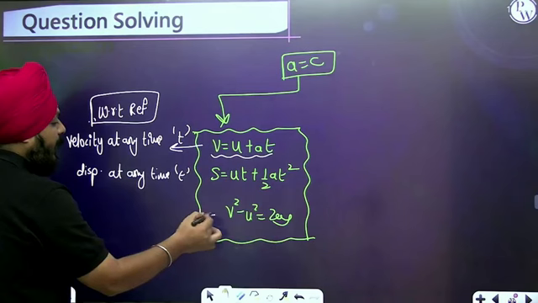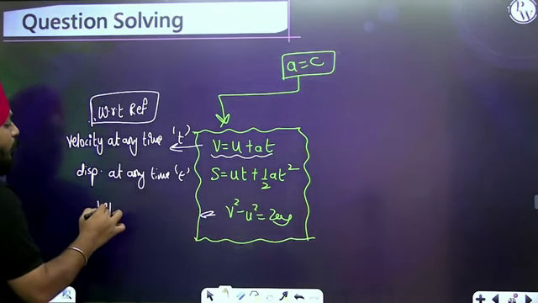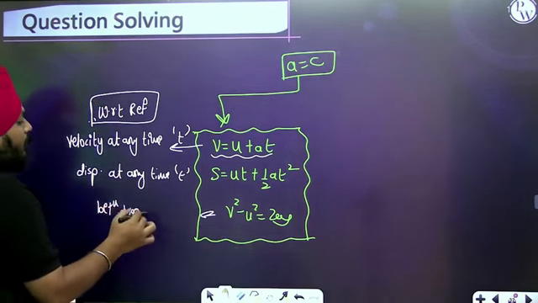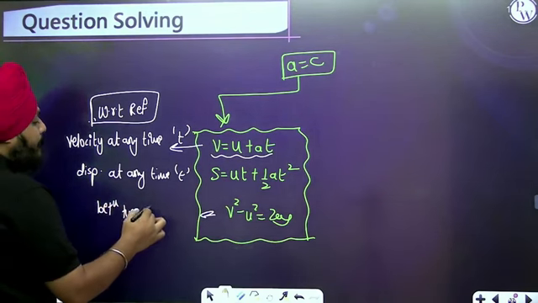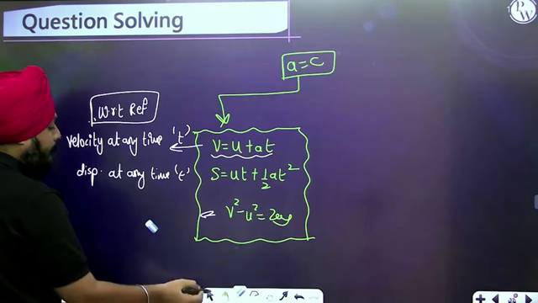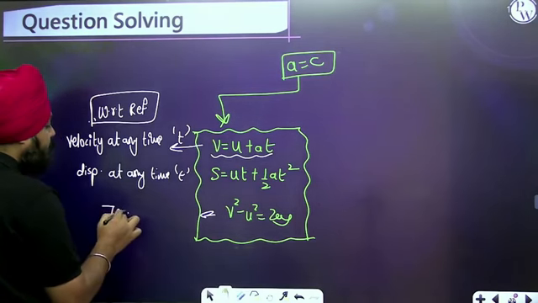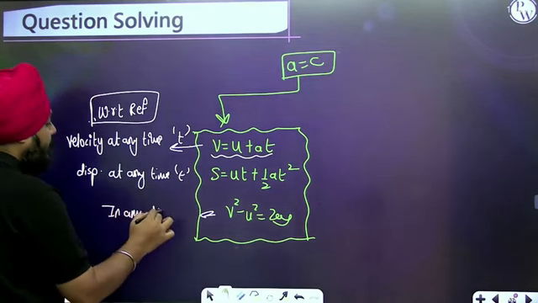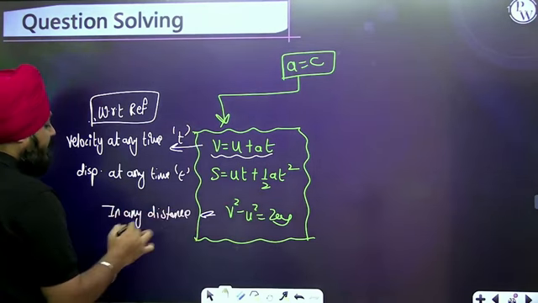And v square minus u square is equal to 2as applies in any distance interval s.